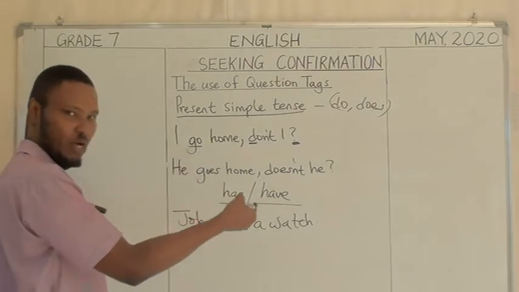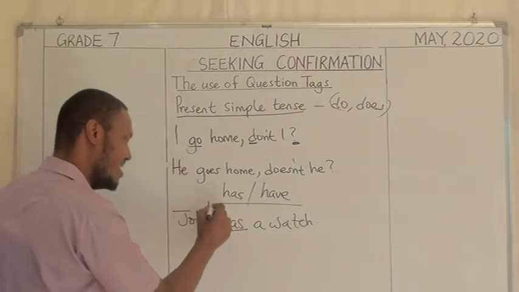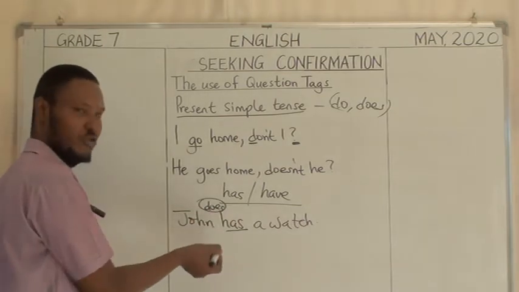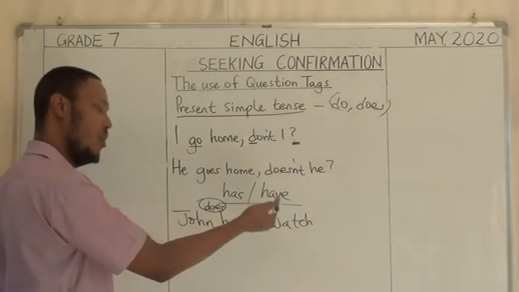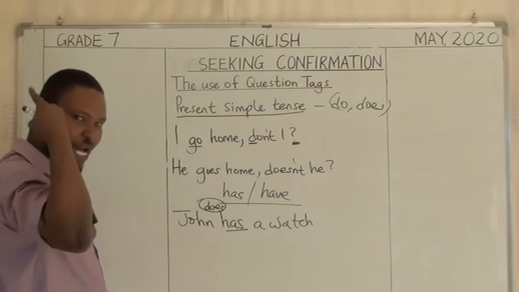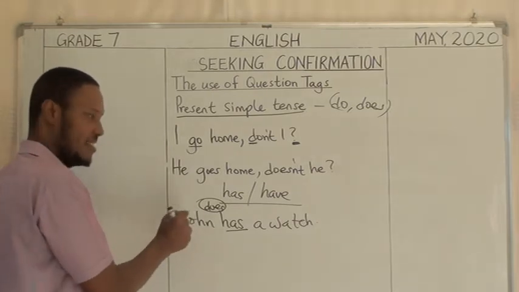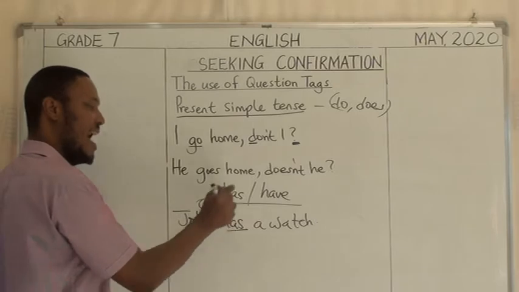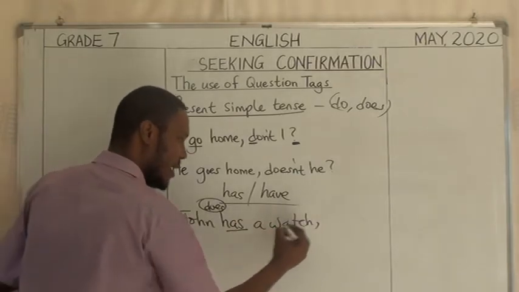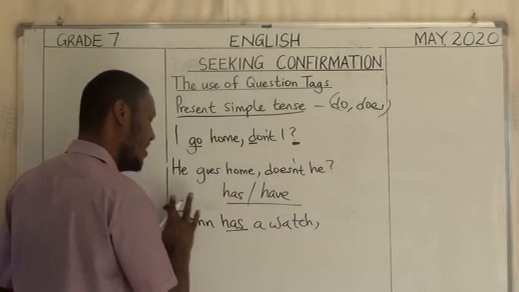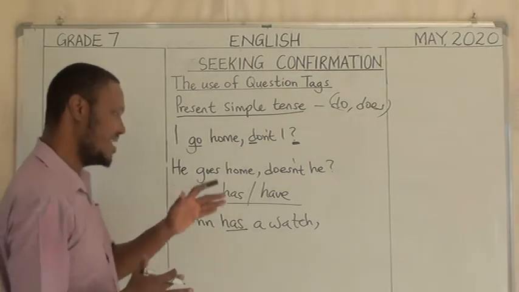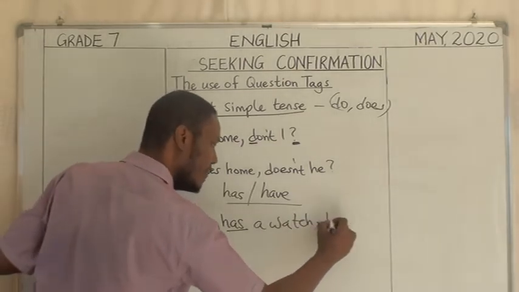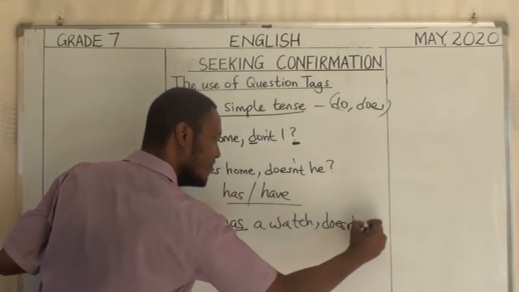The word does is usually there, but you don't usually use it. At the back of your mind, you should know that it's the same as saying John does have a watch. So the question tag here is: John has a watch, doesn't he?